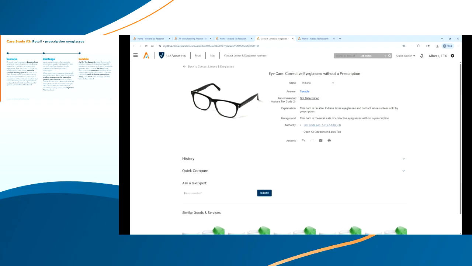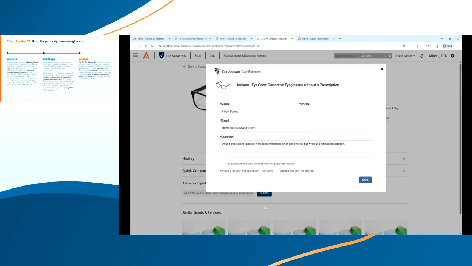So let's say in this case, what if the reading glasses were recommended by an optometrist, but without a formal prescription? So maybe we're trying to separate that out a little bit.